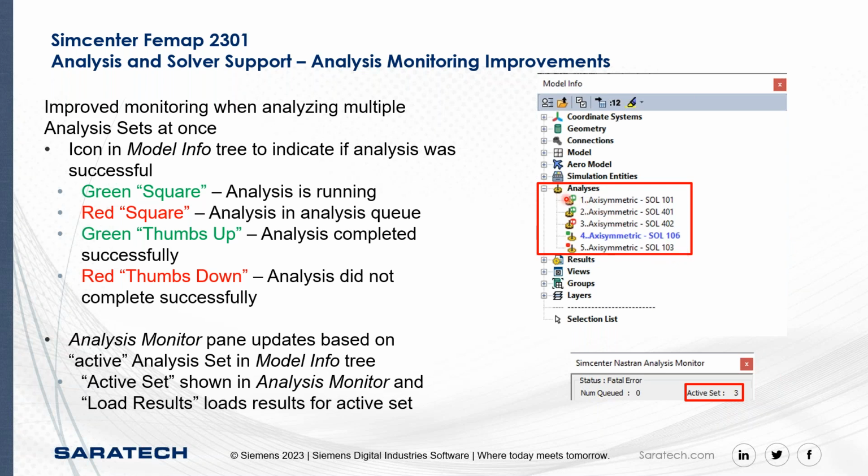A green thumbs up would mean that this analysis completed successfully. And the one we don't want to see is the red thumbs down, meaning that the analysis did not complete successfully. So it gives you a good idea graphically where you're at in that multi-step or multi-solve solution without having to dig through F06 files or anything like that.